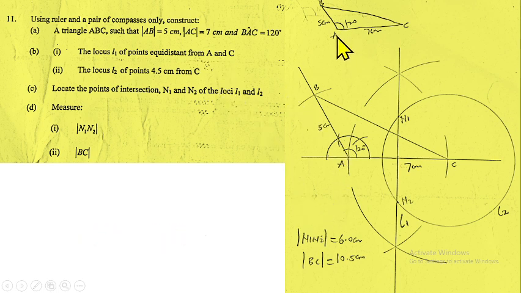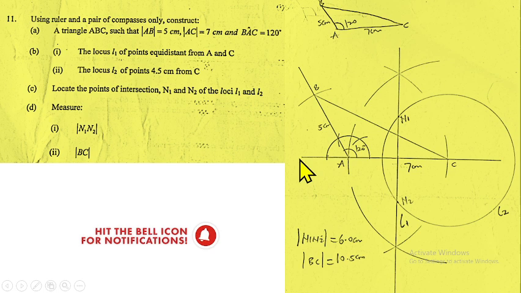What do you do? First of all, use your ruler to draw a straight line, of any length you like. After drawing the straight line, you fix your pencil into your compass. Then on your compass, measure 7 centimeter from your ruler.